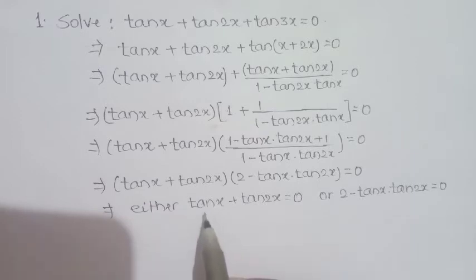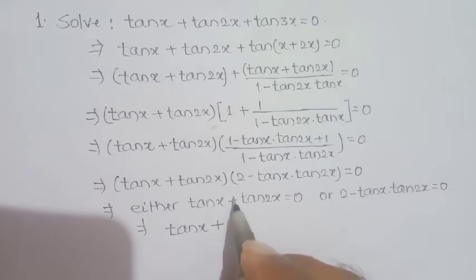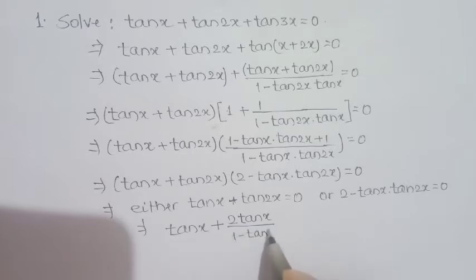When tan x plus tan 2x is equal to 0, it means tan x plus, apply the formula for tan 2x, that is 2 tan x upon 1 minus tan square x, equal to 0.